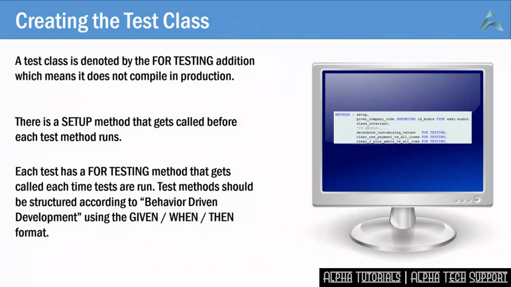A test class is defined with addition for testing. We mentioned that earlier. We also mentioned test class travels with the code it is testing. When you're defining a test class, you have a whole bunch of options. In SE24, they're drop-downs. In Eclipse, you write them manually. They're a bit pointless in my mind.